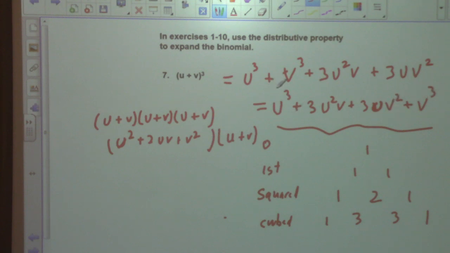So the u's descend in power from the highest down to 0, and the v's ascend in power from 0 to the highest. That's the pattern of binomial expansion that we're going to explore and use today and Monday. All right?